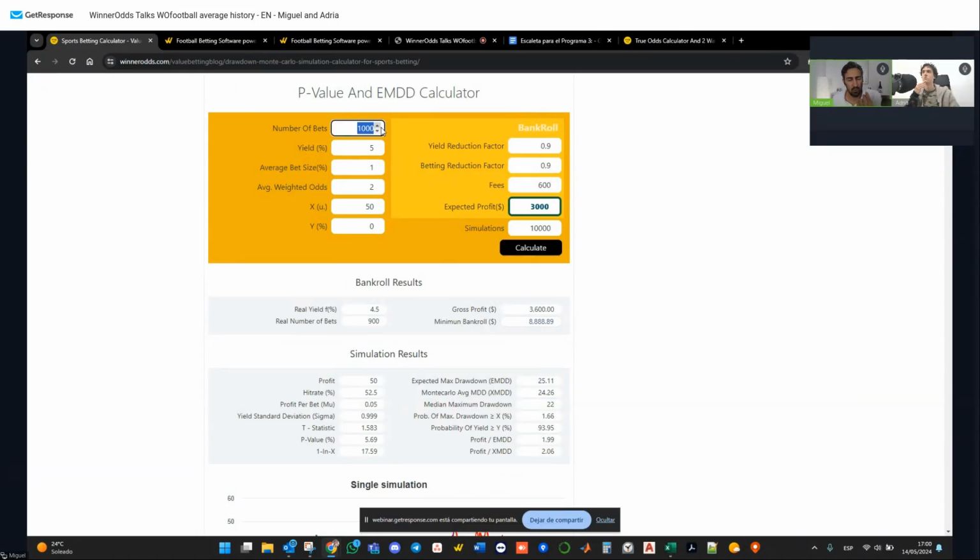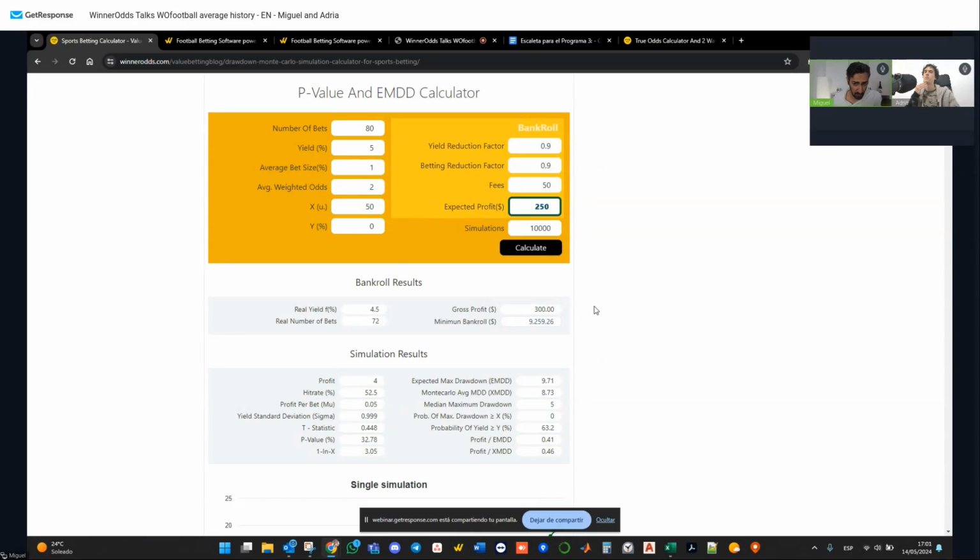If I calculate for 1 month, for example, in 1 month I place 80 bets, then I have to place here the fees for 1 month and the profit I expect in 1 month. 5 times the net profit would be this, and then I need a higher bankroll because I have divided by, this would be more or less the same situation as before.